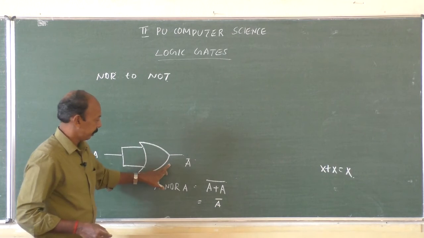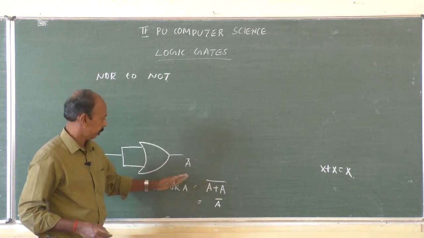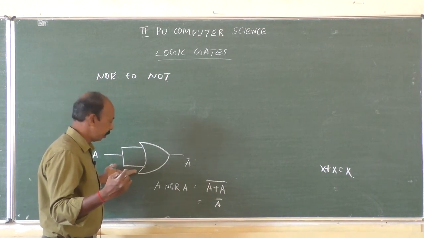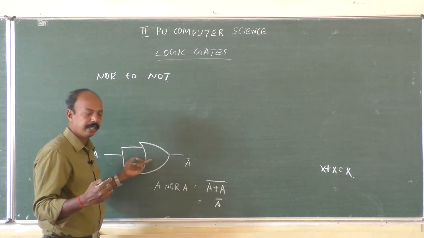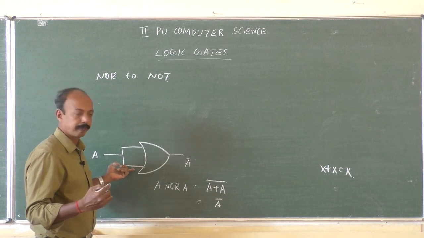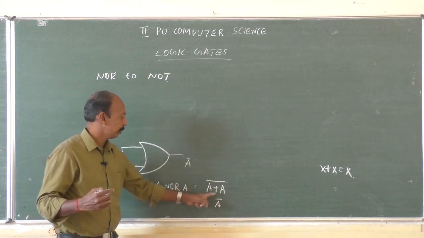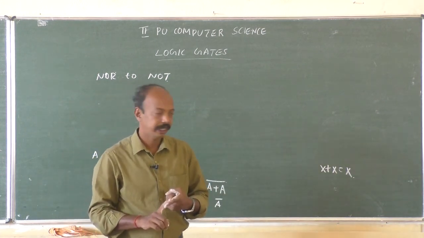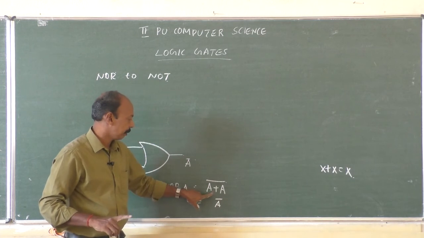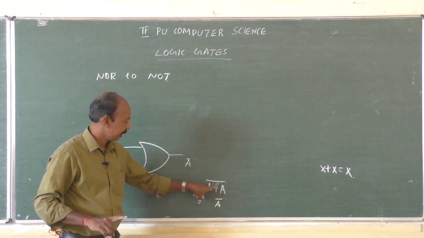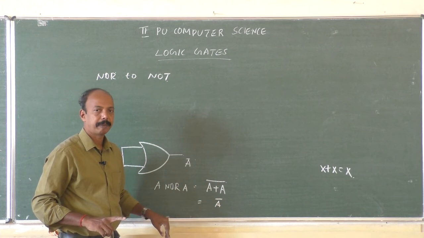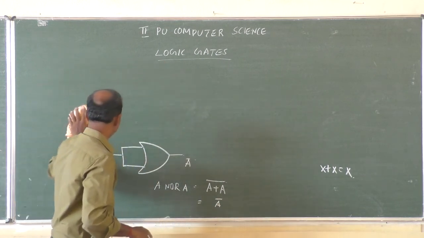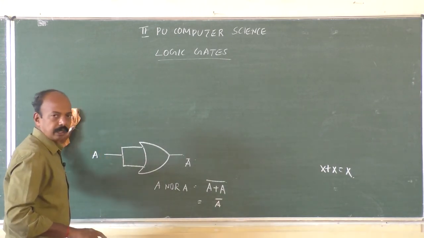Hope this is clear for everyone, because it is the same diagram as we have seen in the previous NAND to NOT. The only difference is that in place of NAND we are writing NOR. If there it was multiplication, X into X is also X, here X plus X is also X. That's why A plus A is also A, and writing this complement, that's A bar. That's about NOR to NOT.